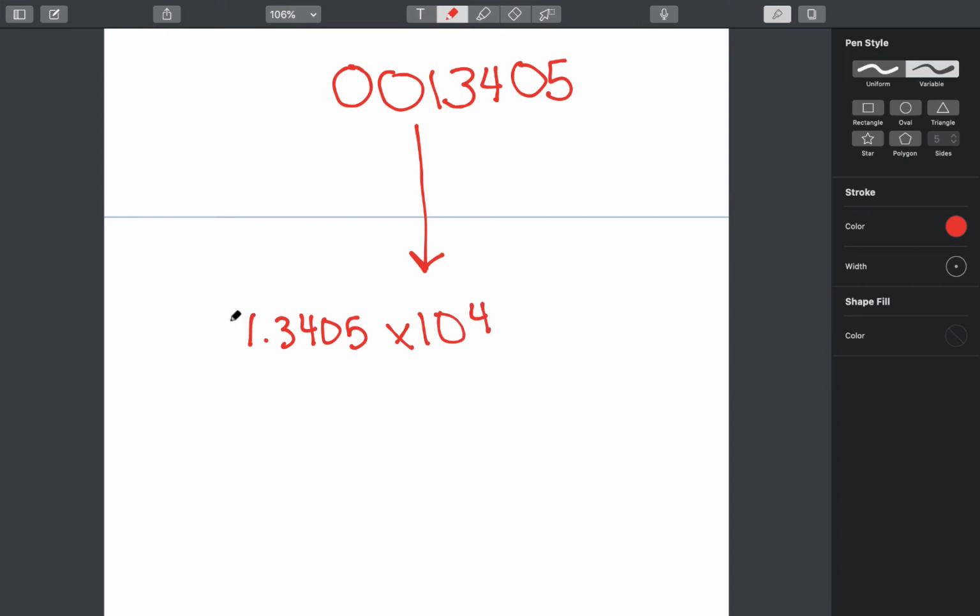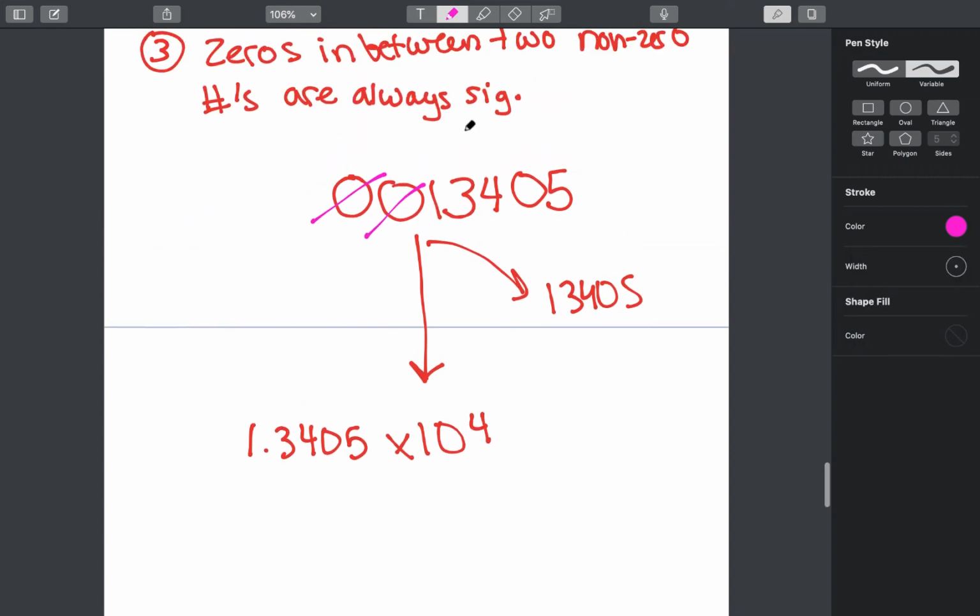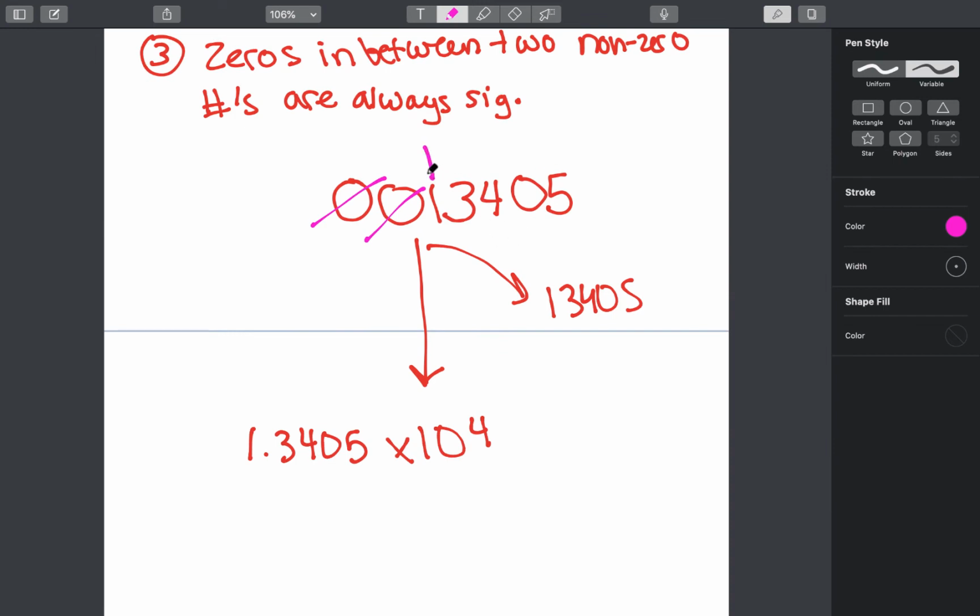Those zeros aren't even there. You don't need those zeros to get the same value because you can also write it like this. So therefore, we don't count these zeros when we count the number of significant figures. So you can just cross those out at the beginning. So we technically start at the 1 here, and we start by counting from the 1 and on.